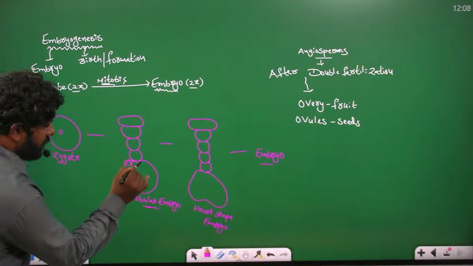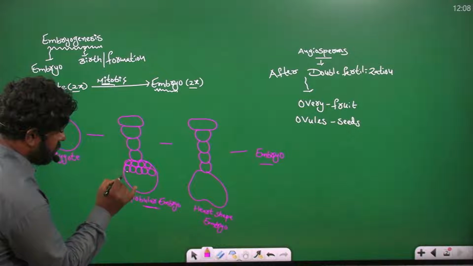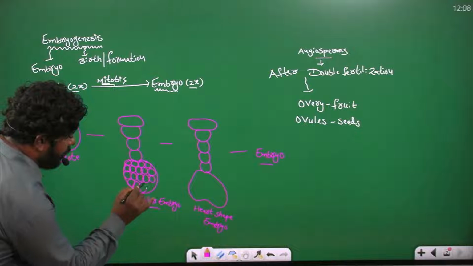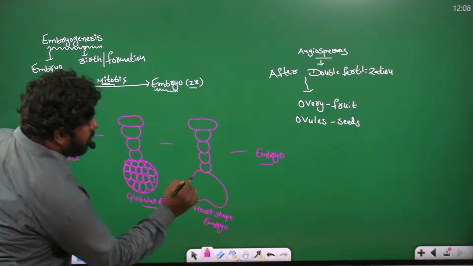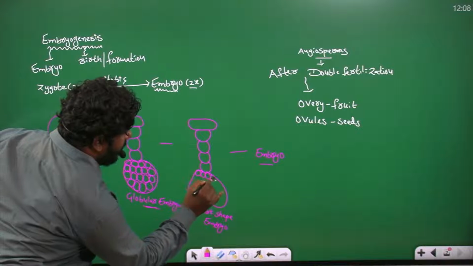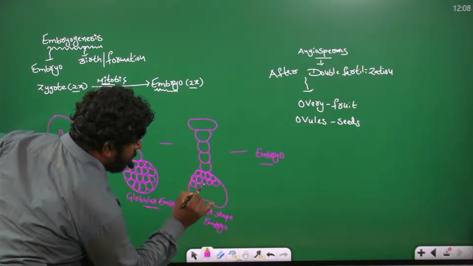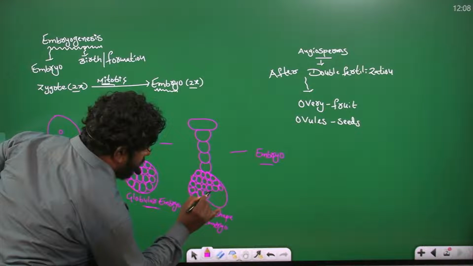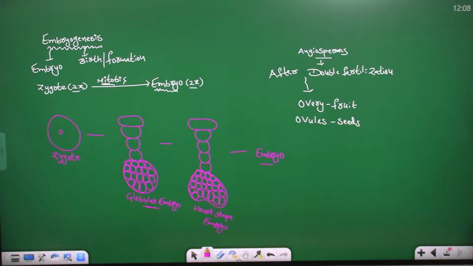The zygote is developed by repeated mitotic division. The zygote first developed into globular embryo. After that, this globular embryo, by repeated mitotic division, is developed into heart-shaped embryo.